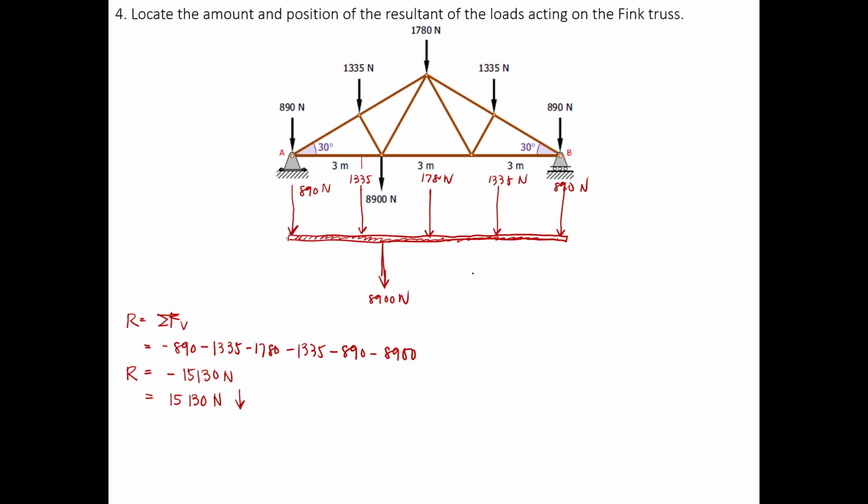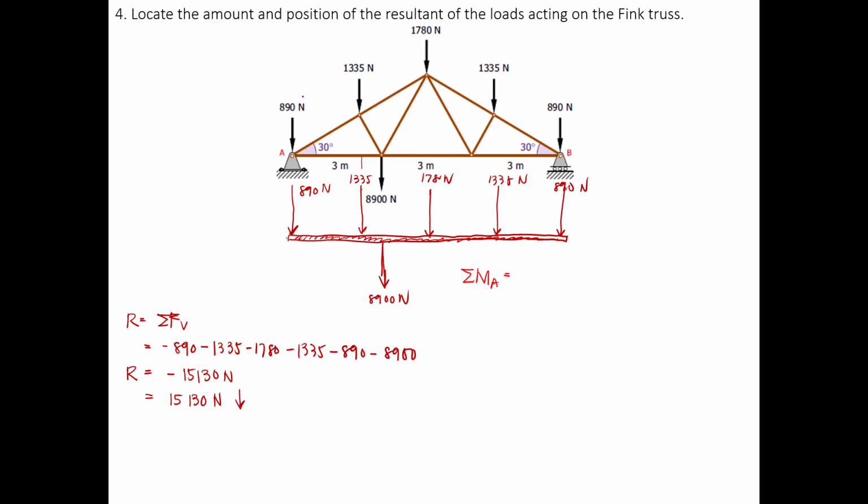Again, you may take moment about point A. So let's go to point A first, then let's compare it with point B to see if it gives us the exact location of the resultant force. So moment about point A first.